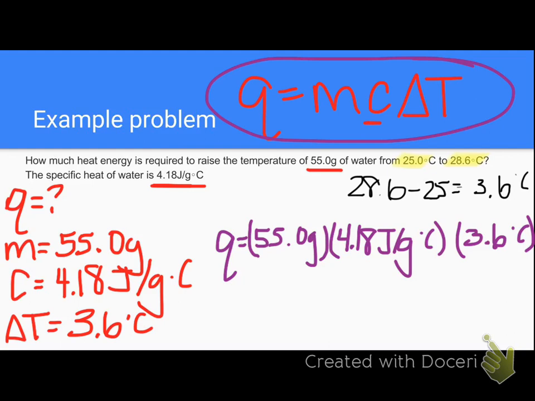One thing I want you to keep in mind is that as we start doing different values and looking at equations where maybe everything doesn't match up, you're going to have to be aware of your units.